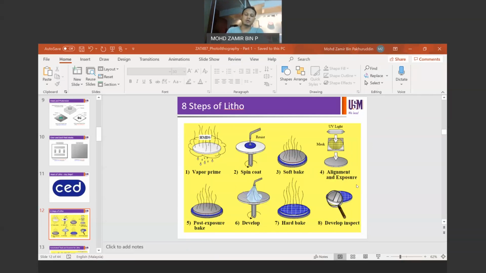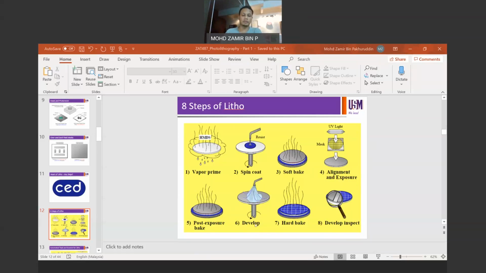We're going to use our wavelength of choice, for example, 248 nanometer for a DUV process, in order to expose. Then it's going to go through the post-exposure bake process, which is PEB, where you bake the structure to make sure that they are strong.